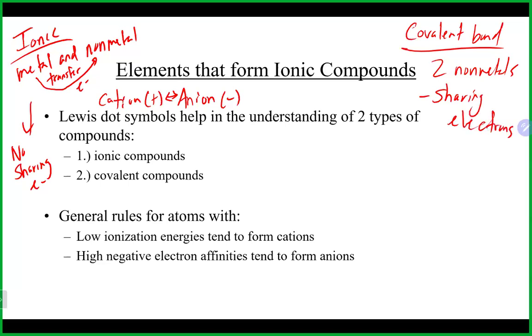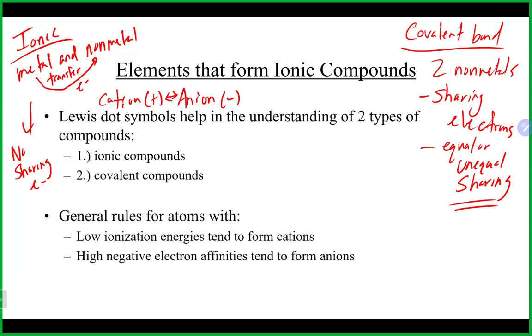And as we will see, in some cases the electrons are shared equally, or there is unequal sharing of electrons. But there is some aspect of sharing happening in a covalent bond between the two atoms. So that is a major difference between those two things.